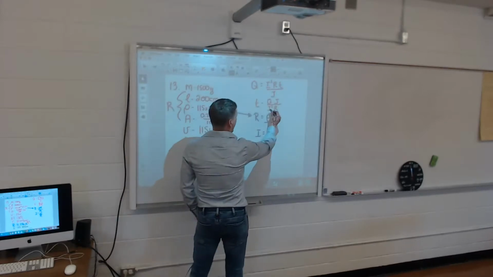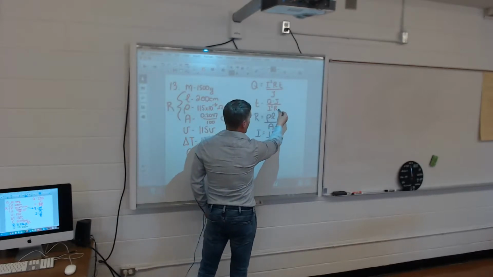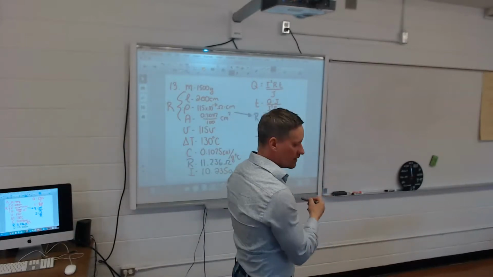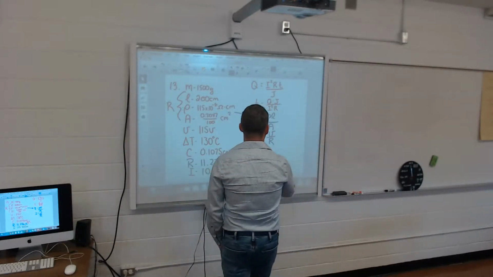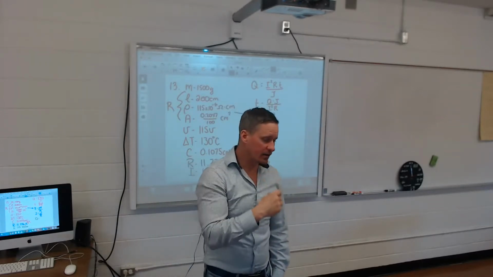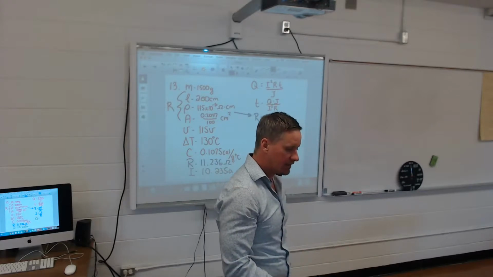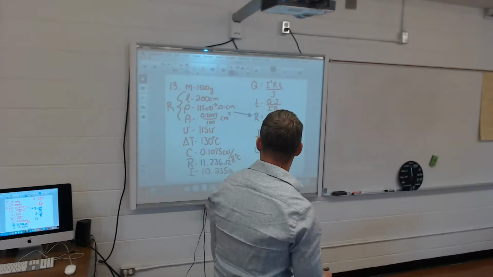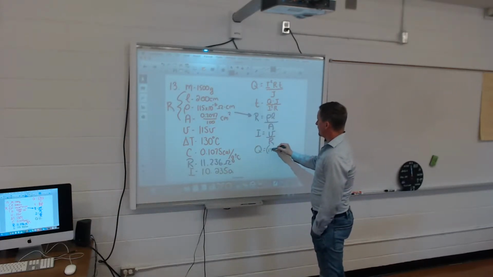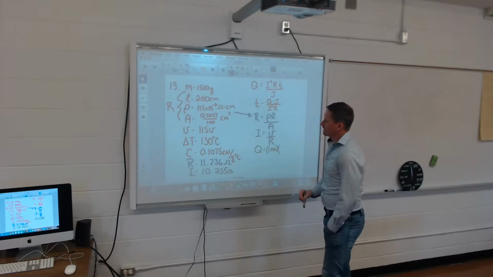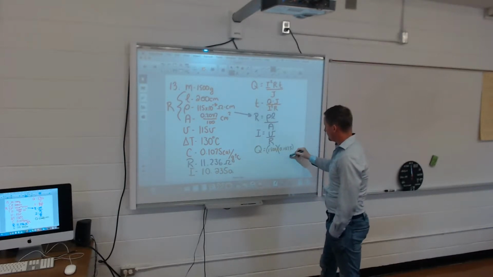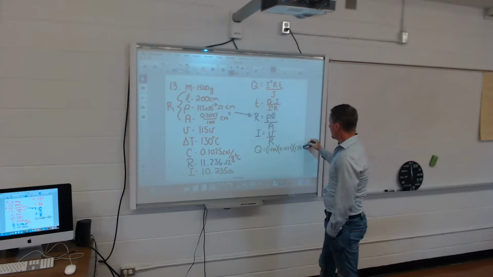Now I have R, I have J. The last thing that I need in that equation is a Q. And my Q is the amount of heat required to raise the temperature of that iron 130 degrees. So my Q is equal to 1500 times my C, which is 0.1075, times 130.